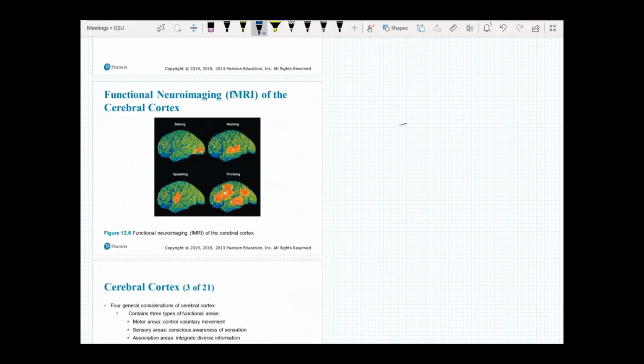This is the anterior and the posterior on all these images. When you see, this part of the brain lights up, and we know that's responsible for being able to see. If you hear, this part of the brain lights up. If you speak, this part, and if you think, all of the areas light up. So this is how we know that different areas of the brain are responsible for different functions.